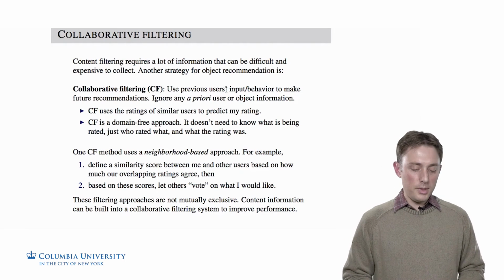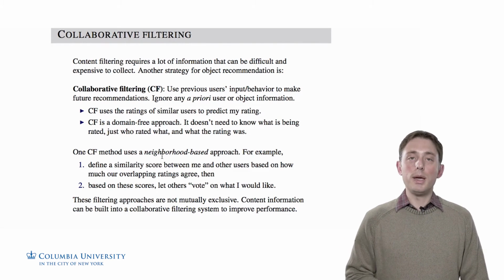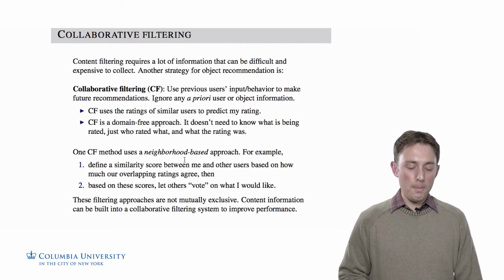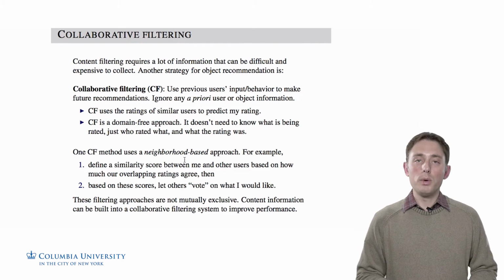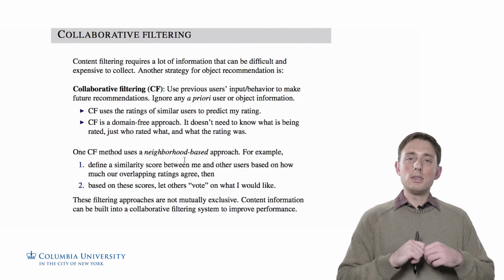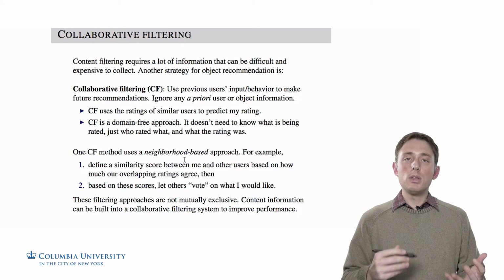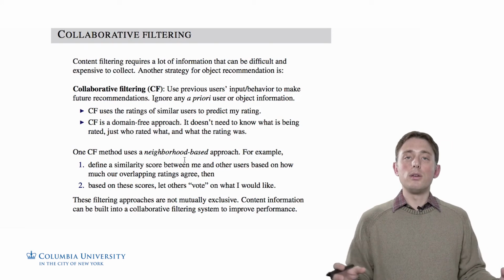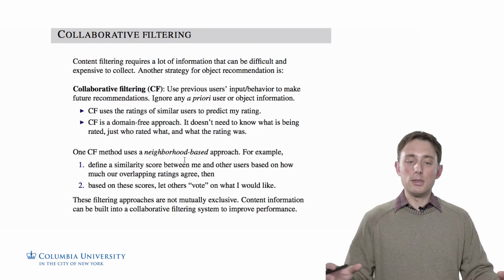One example of this is a neighborhood-based approach, and this is a good intuitive explanation for the difference between collaborative and content filtering. For example, what we could do with a neighborhood-based approach is try to define a similarity score between me as a user and every other user in my database.